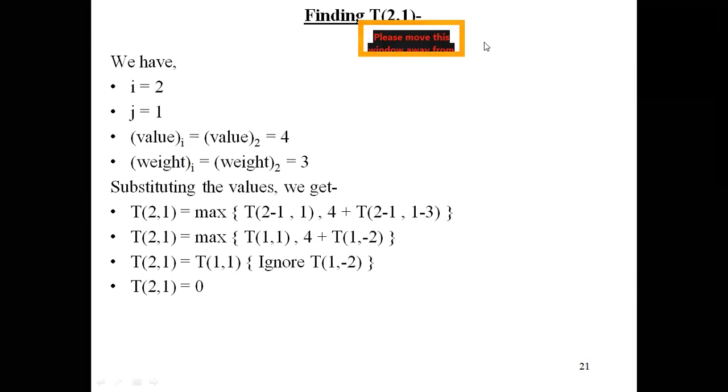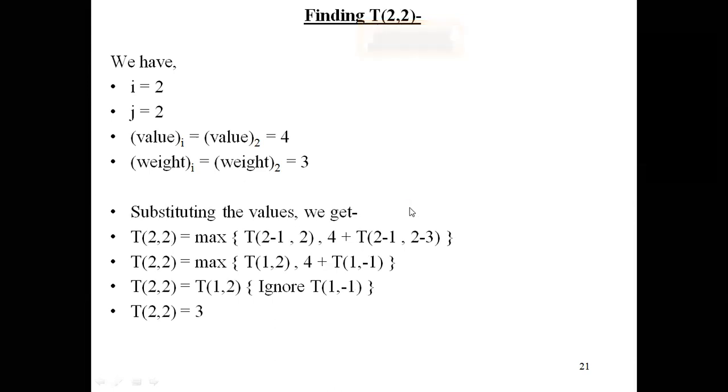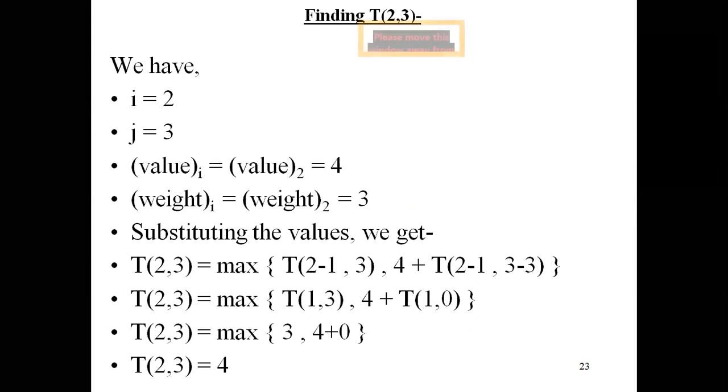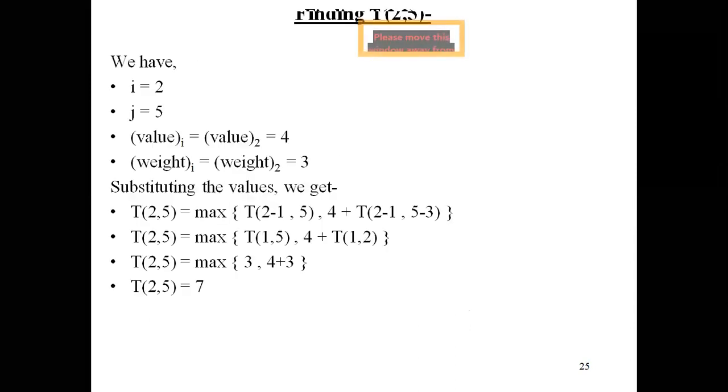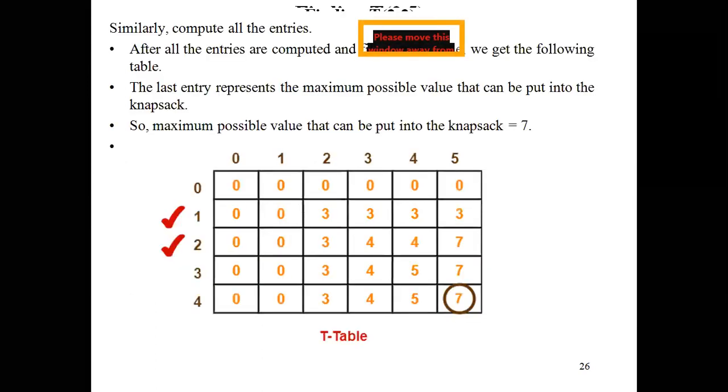Just like T of 2 comma 1, you can also calculate T of 2 comma 2. In the formula you can substitute T of 2 comma 3, the same way T of 2 comma 4, and T of 2 comma 5. So similarly compute all the entries.